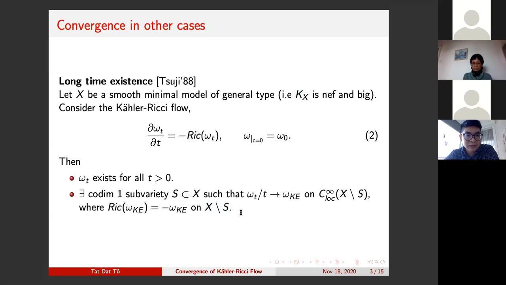Okay, so that is for long time existence. We have other results with respect to the long time existence of the flow when Kx is not big, but I don't want to go further into the details. I just mention some names like Tosatti, Wenkov, Song, Tian.